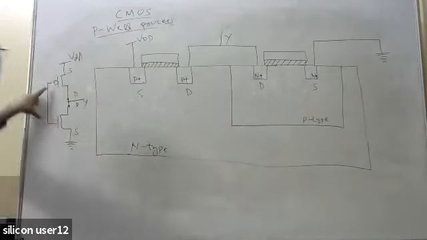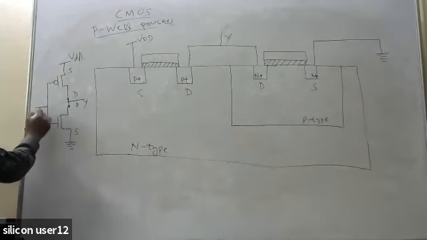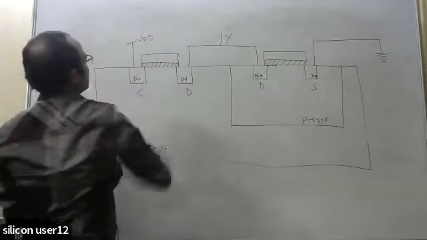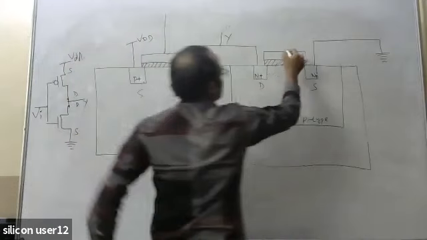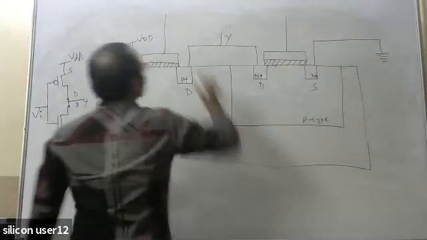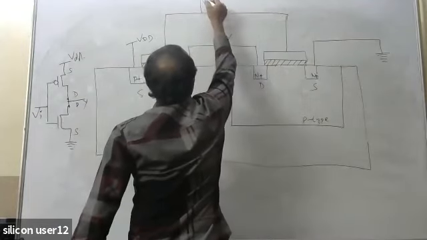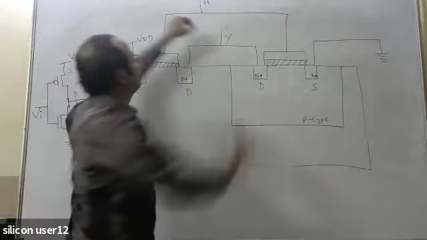What else? The gate of the PMOS and the gate of the NMOS are connected, and input is given here. This is the gate of the PMOS, and this is the gate of the NMOS. So they will be connected and your input will be given here.